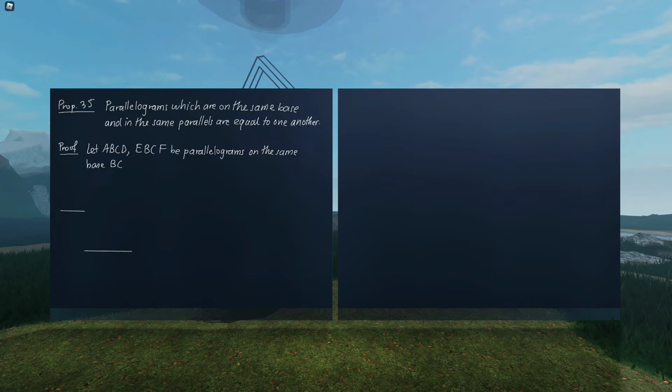Well, not a special case, half of the cases, but I'll ignore that and come back to it. So here are the two parallelograms on the same base. The base, I'll draw it in a moment, is BC. And then off that, I've got these two parallelograms. So that's AD, and that's EF.